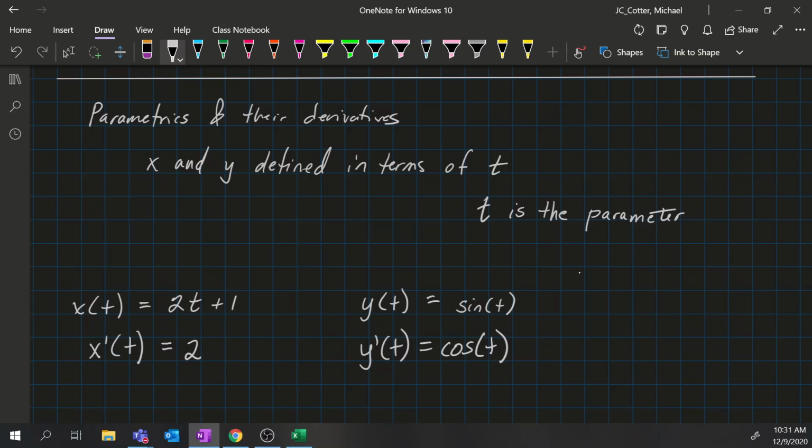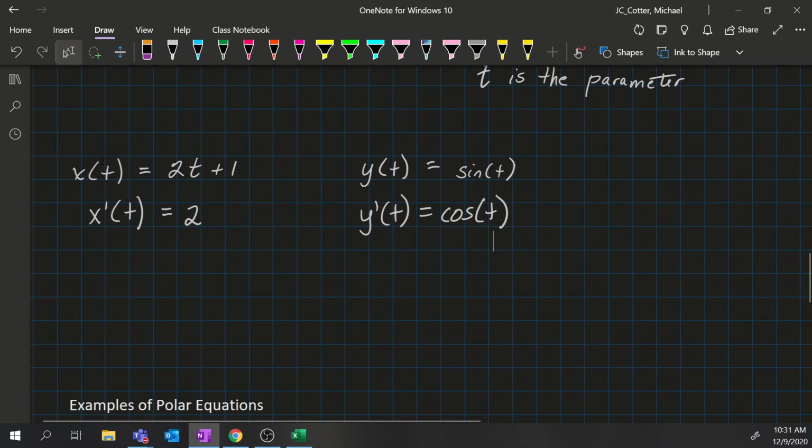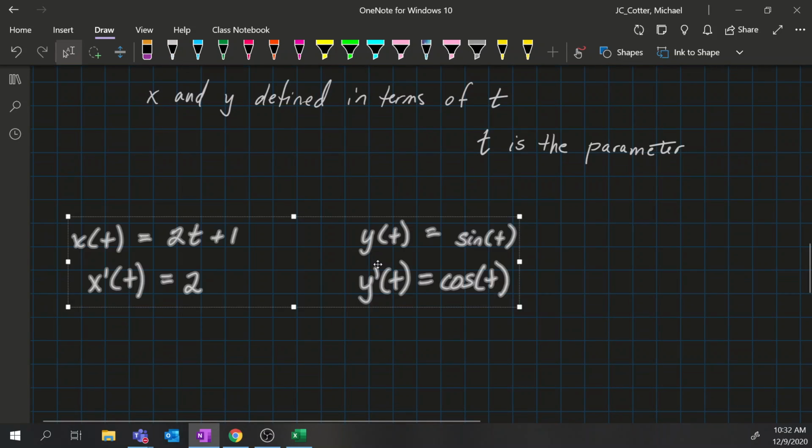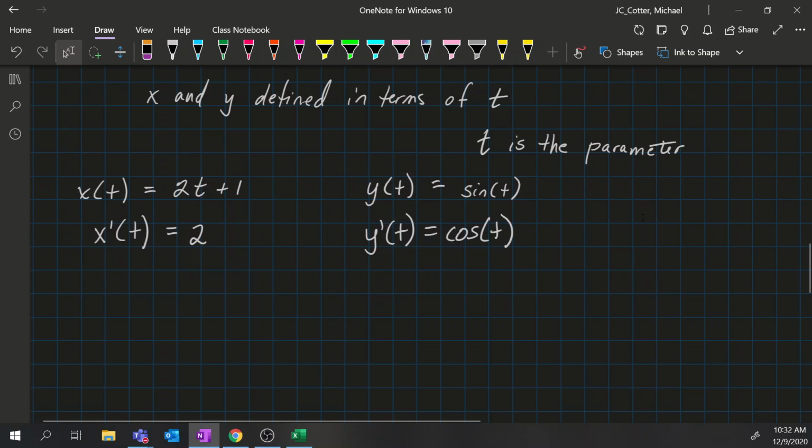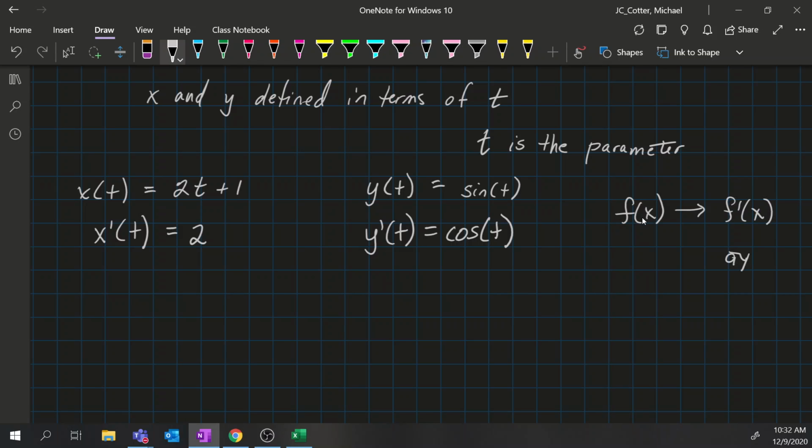Okay? Now, another way to express this, as we've seen before, is that we can call it y prime, or we can call it dy dx, which means the rate of change of y versus the rate of change of x. So we saw that with f of x, right? So if we have f of x and we take the derivative, we get f prime x, which we can also call dy dx, which means the rate of change of y relative to x.